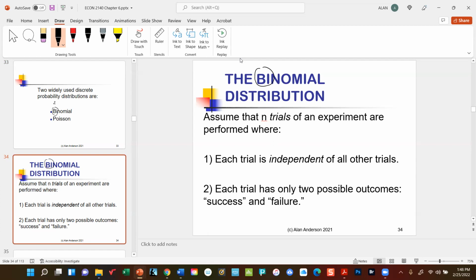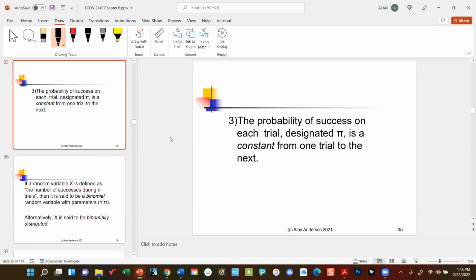Now, what's the third requirement? The probability of getting a success on a single trial, which in this book is designated with the letter pi, must be a constant from one trial to the next. If all these conditions are met, then this is a binomial experiment.